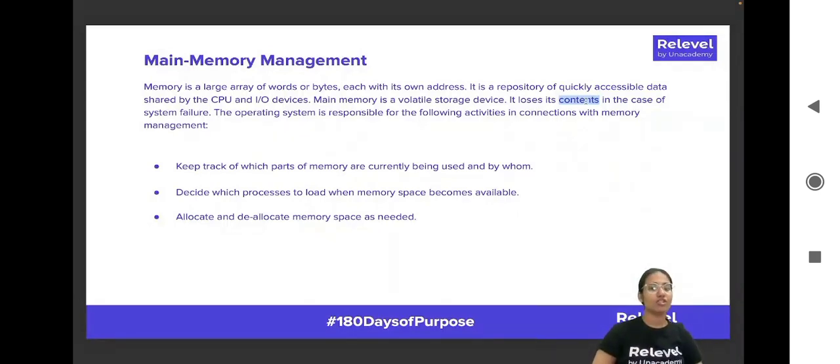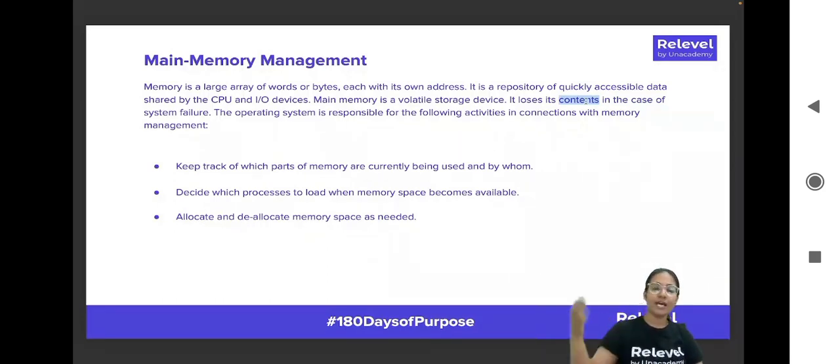So the operating system is responsible for the following activities related to main memory management. First, it needs to keep track of which parts of memory are currently being used and by whom. It also needs to decide which processes to load in memory when space becomes available. So you take processes from the secondary memory and load them in the main memory.